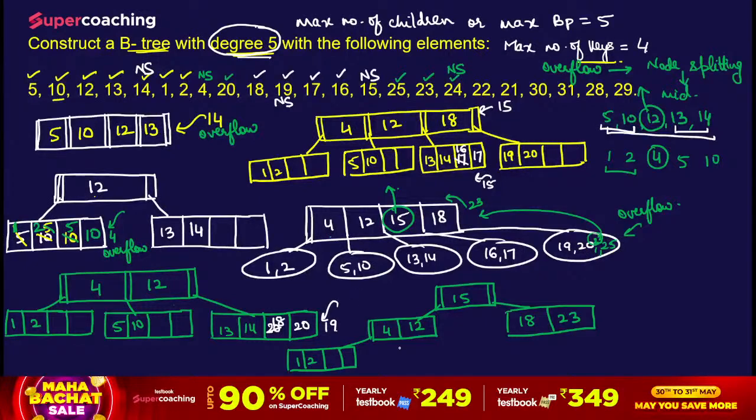Then here we had 5 and 10. Two more elements can come. To the right of 12, we have 13 and 14. It's on the left of 15 and right of 12. So same structure, 13 and 14. To the left of 18, we have 16 and 17.